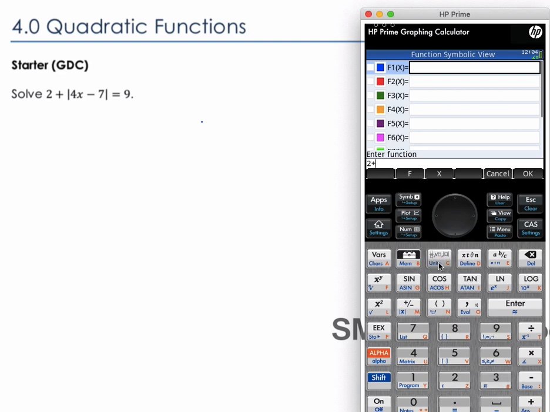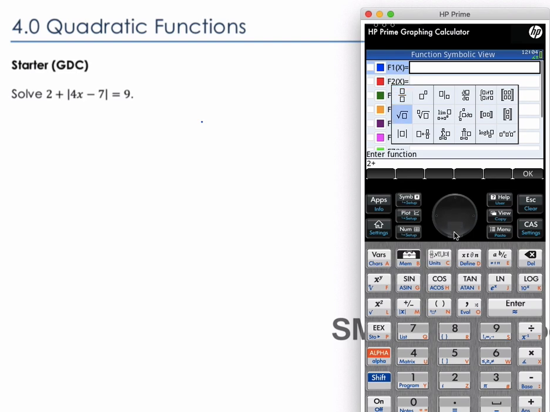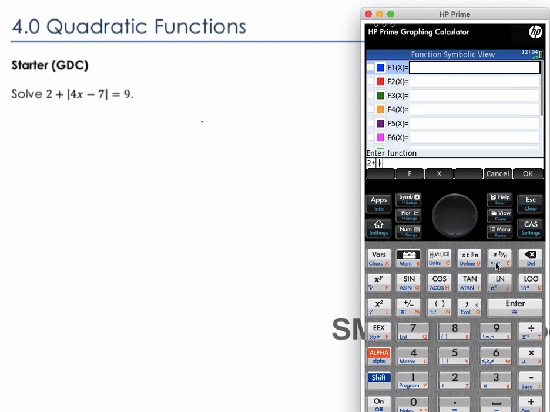You can get a lot of stuff like that using this button right here. I'll click on that, the absolute value sign's down here. In the absolute value sign, I do 4 and use this x right here, minus 7. Then I'll arrow out to get outside the absolute value sign. That's all I'm going to type in for my first function.